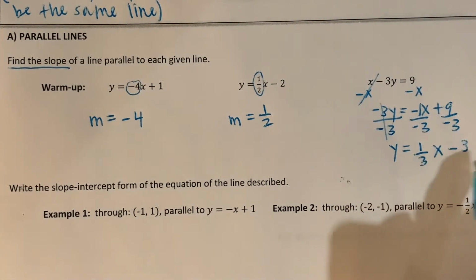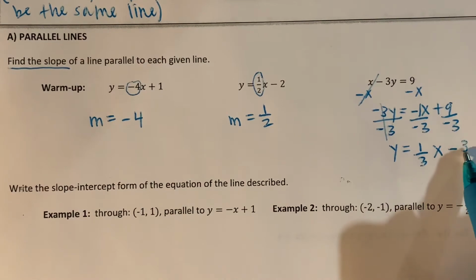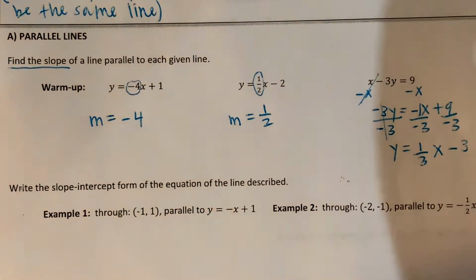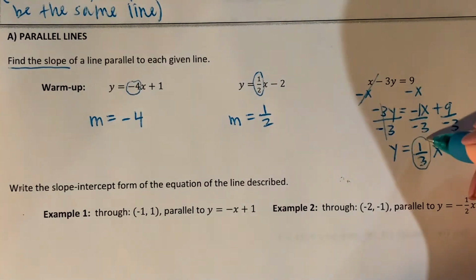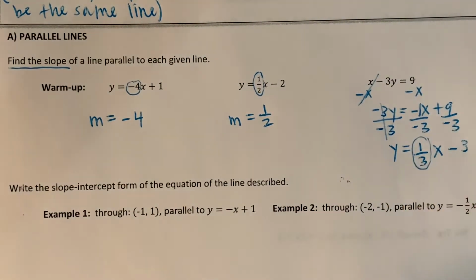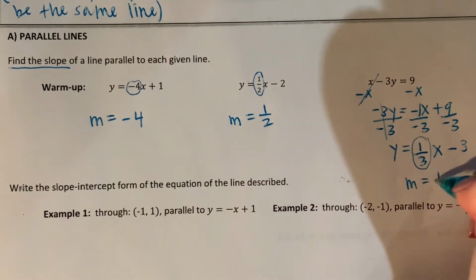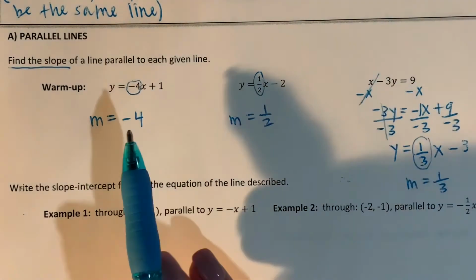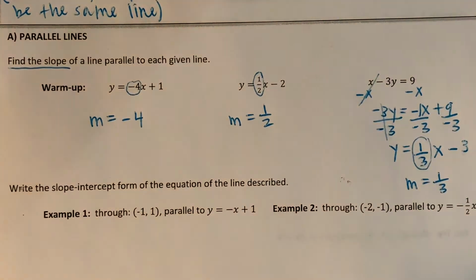So here's the equation in slope-intercept form, and we were asked to find the slope of a line parallel to this line. So that means the slope has to be equal. So if our slope here was 1/3, then our m would have to be 1/3. So we will use this knowledge that parallel lines have equal slopes when we jump into our first example.